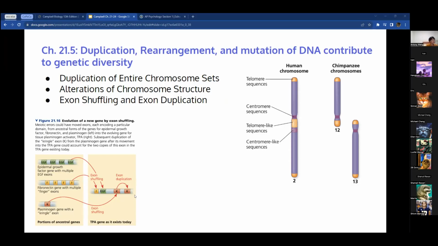Well, if you duplicate one of those domains, then you have a kinase that's hyperactive. Basically, changes in the transcribed exons within a gene can change the function of a protein.